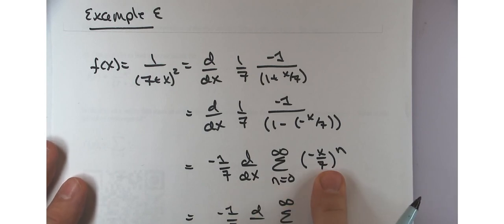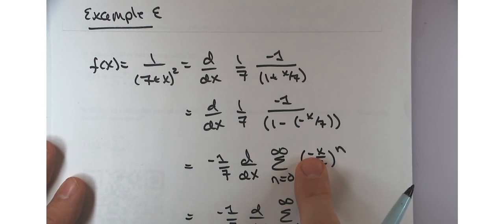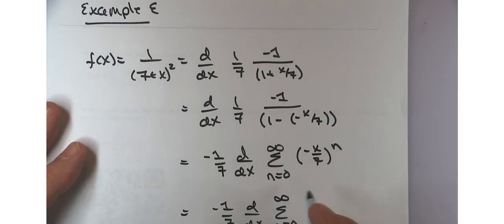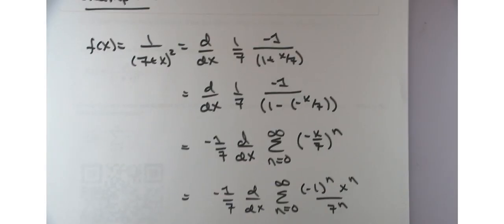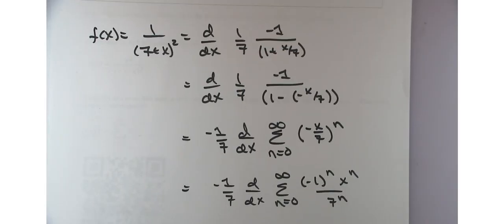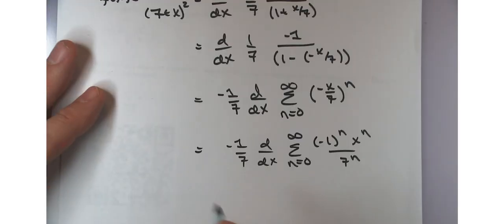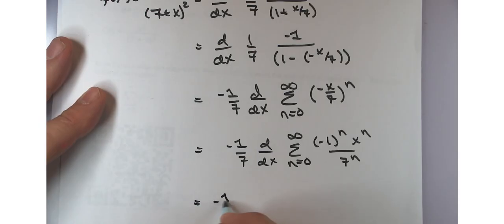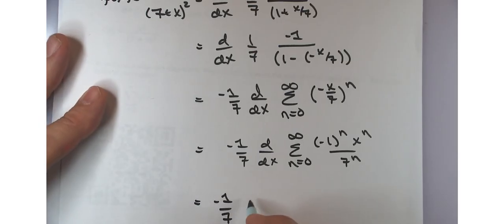So 7 and the negative 1 here, those are both constants. So I'm going to rewrite this as negative 1 to the nth power, x to the nth power, over 7 to the nth power. So I distribute that power all the way through. But that makes my life a little bit easier. Are we okay with my little change there?